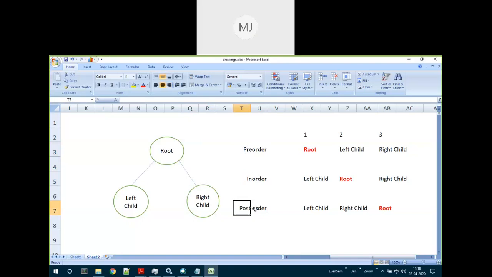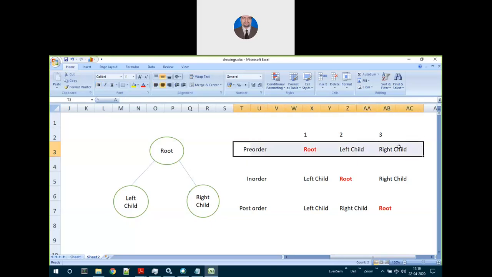All these techniques are associated with the root, that is, at what position we are visiting the root. In pre-order, pre indicates before: before I visit any of the children, I should visit the parent or the root. So it will be root, left child, and then right child. Such a technique we call pre-order.